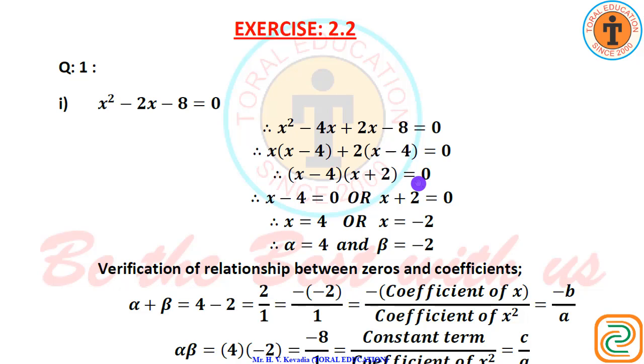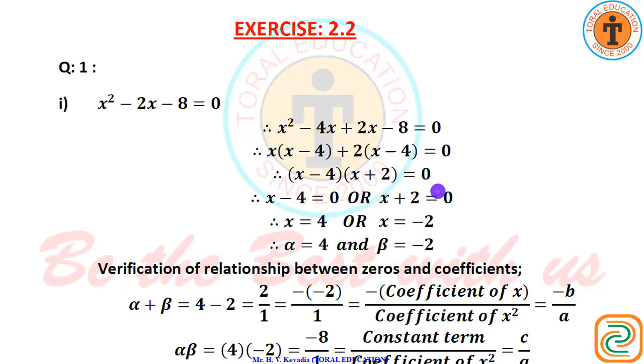Then we take x minus 4 equals 0 or x plus 2 equals 0, right? Then minus 4 will be there instead of 0, so it will be plus, x equals 4 and x equals minus 2, because here 2 is plus.